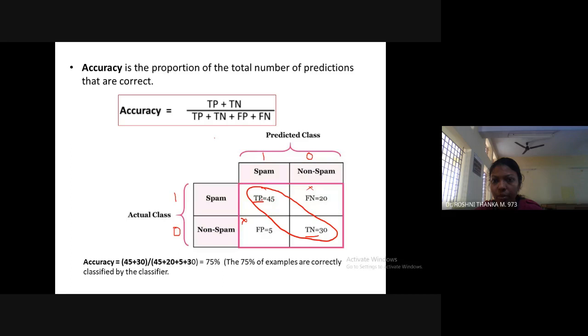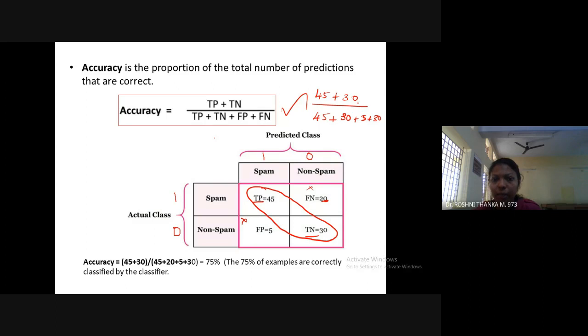So this diagonal, true positive plus true negative, divided by the total of all these will help you find the accuracy. When you substitute it, the true positive is 45 plus true negative is 30, divided by 45 plus 30 plus 5 plus 20, where false positive is 5 and false negative is 20.